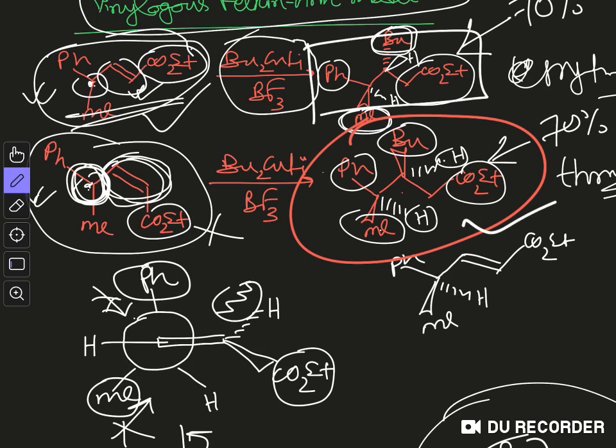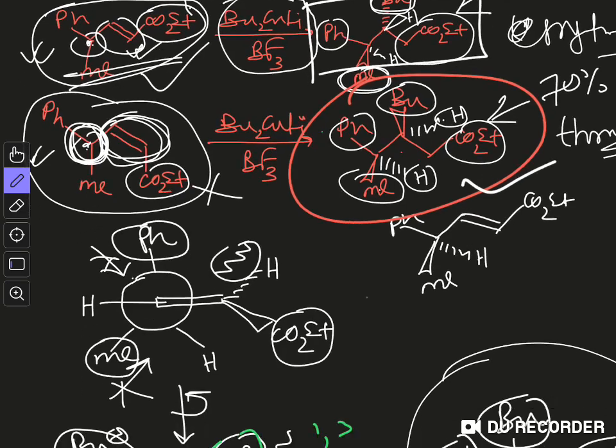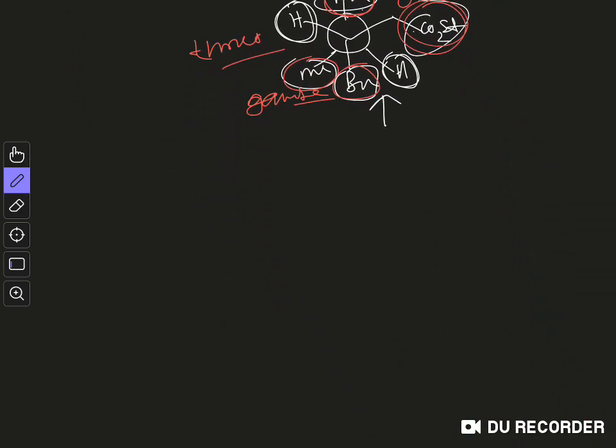Now this is actually called the modified Felkin-Anh model, and this modified Felkin-Anh model is not so straightforward. In some cases we get the stereochemistry totally different. For example, let us write another example.